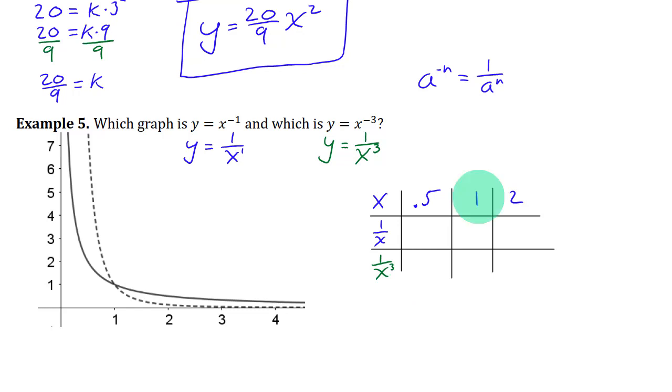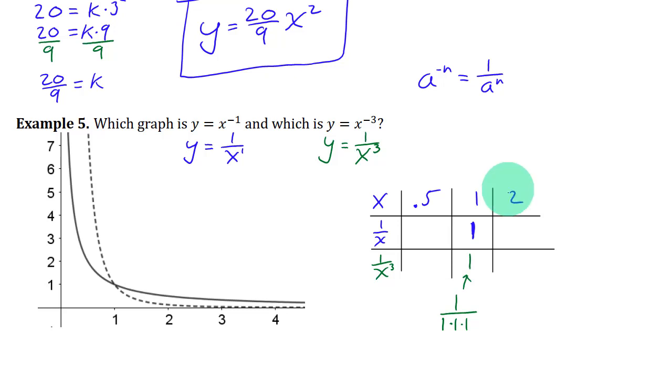Let's start with the easiest one in the middle. If x equals 1, then 1 divided by 1 is 1. And 1 divided by 1 to the power 3 means 1 divided by 1 times 1 times 1, which is still just 1.